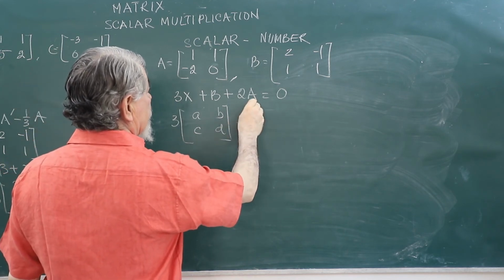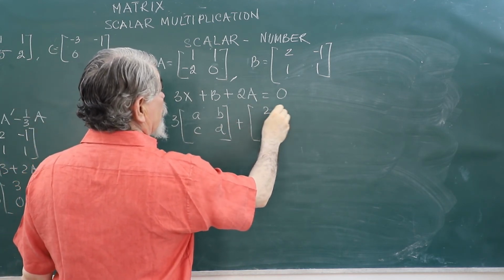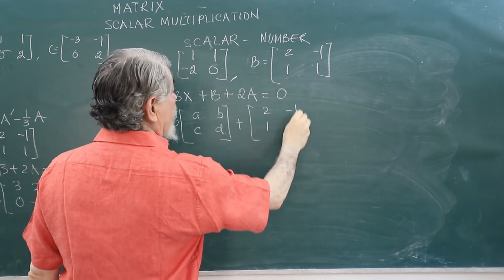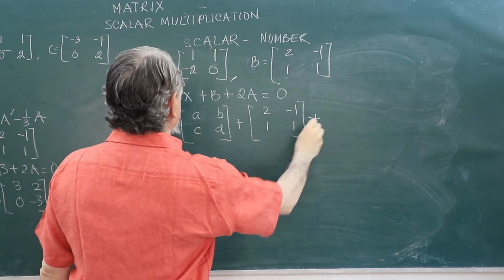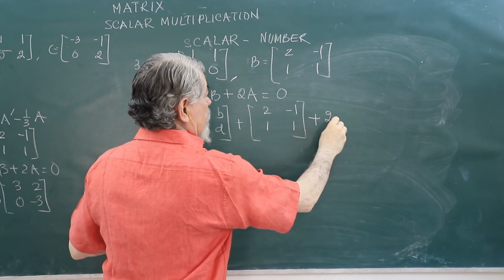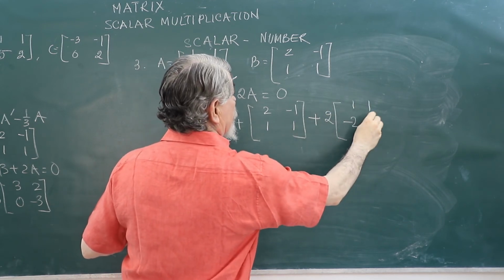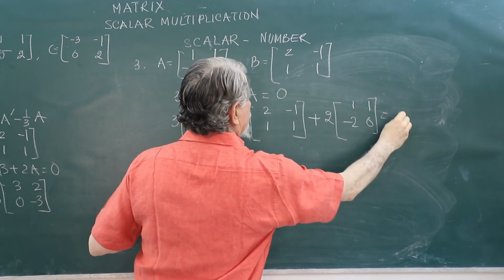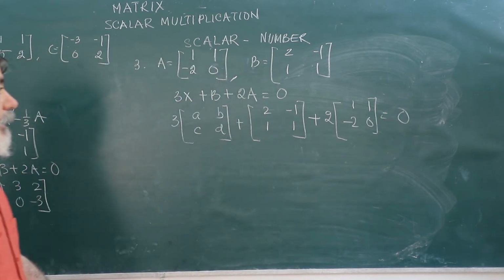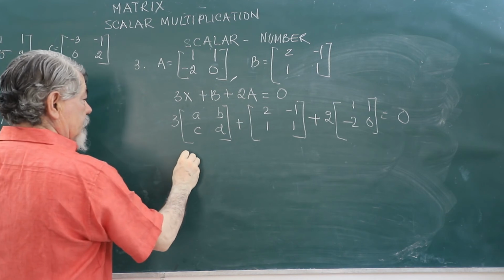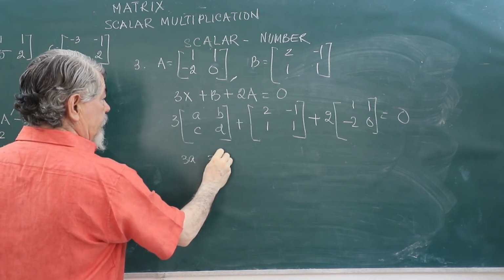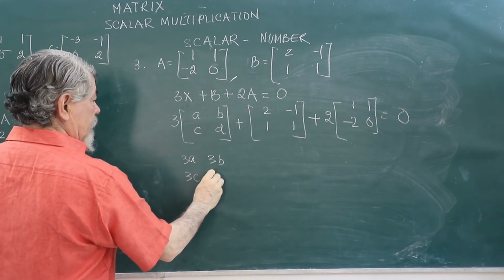Plus B means, what are the elements of B? [2, -1; 1, 1]. Plus 2A, where A is [1, 1; -2, 0], equals 0. Now it means [3a, 3b; 3c, 3d].